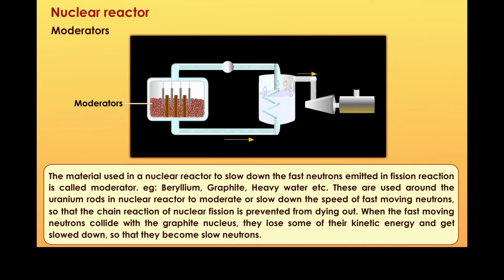When the fast-moving neutrons collide with the graphite nucleus, they lose some of their kinetic energy and get slowed down, so that they become slow neutrons.